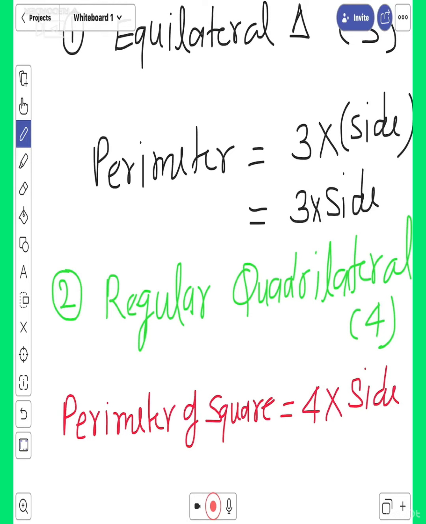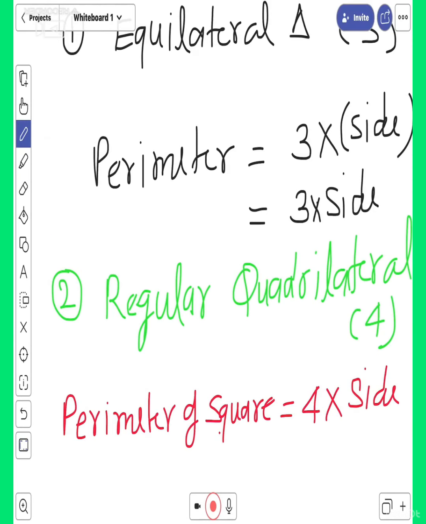In the same way you can use this formula for a pentagon. So you will get 5 into side. How many sides in the pentagon? 5. So 5 into side. And regular hexagon. How many sides in the regular hexagon? This is 6. So you can get the formula for the regular hexagon: 6 into side.